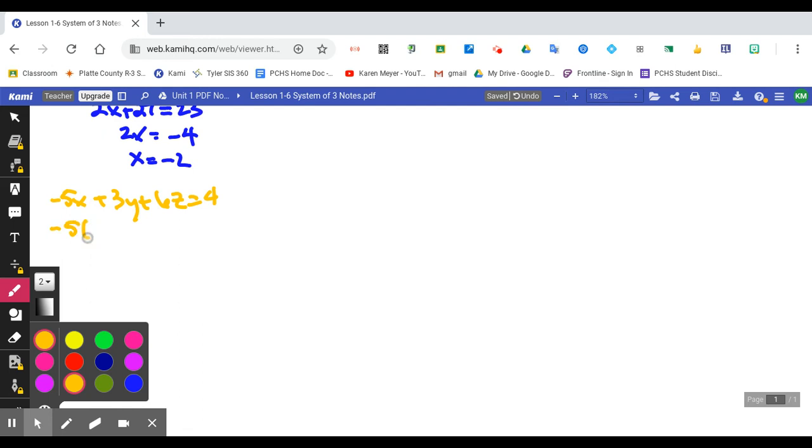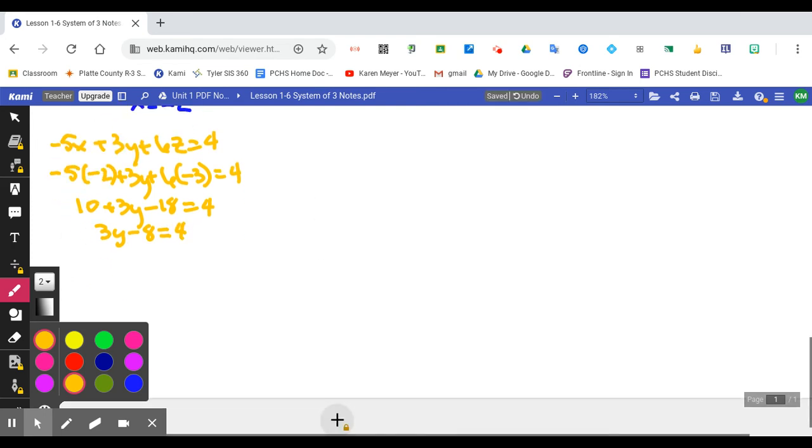So -5 times -2 plus 3y plus 6 times -3 equals 4. So 10 plus 3y minus 18 equals 4. 3y minus 8 equals 4. So then we get 3y equals 12. And finally, we get y equals 4.